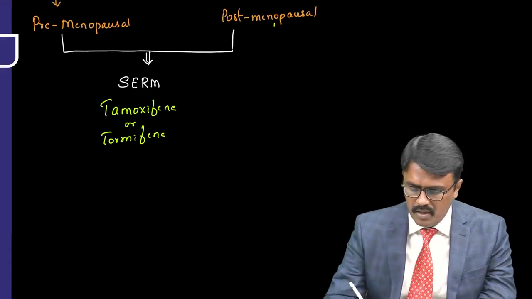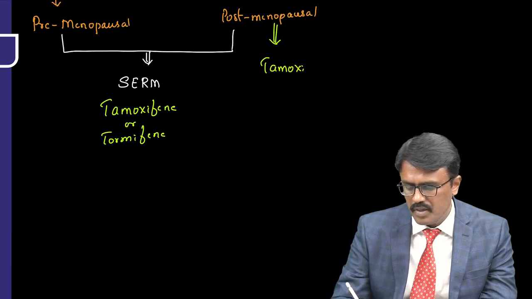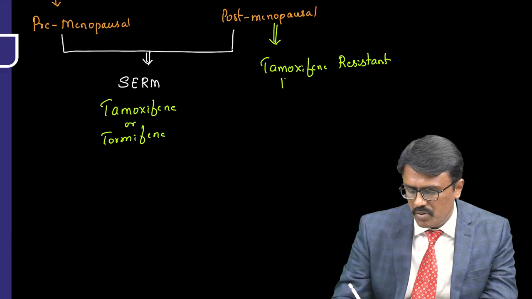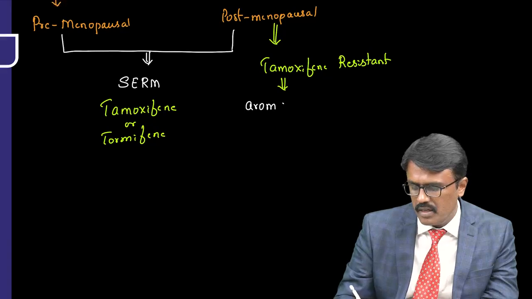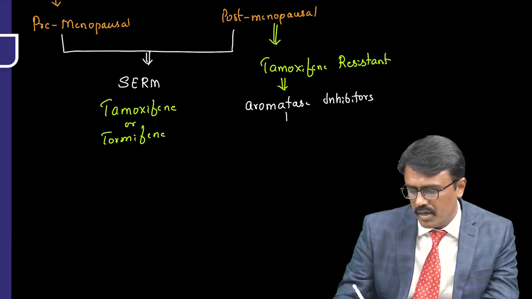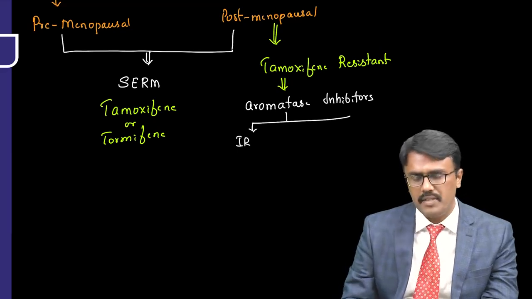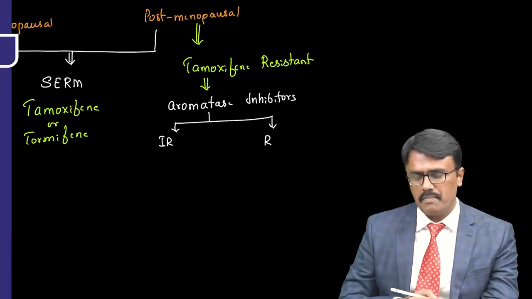In postmenopausal women, if tamoxifen is not working, in tamoxifen resistant cases, then we move to the next category of drugs, called aromatase inhibitors. In that we have two categories: irreversible blockers and reversible blockers.